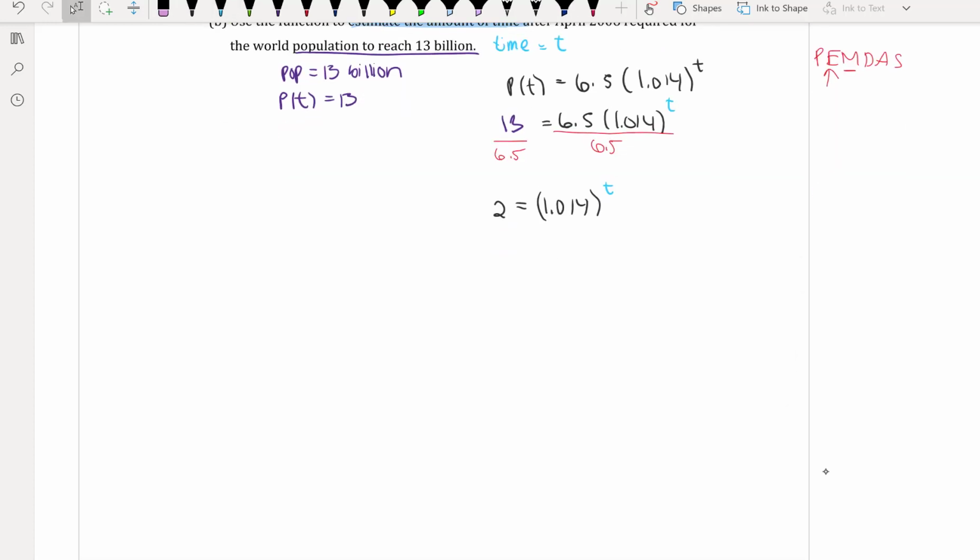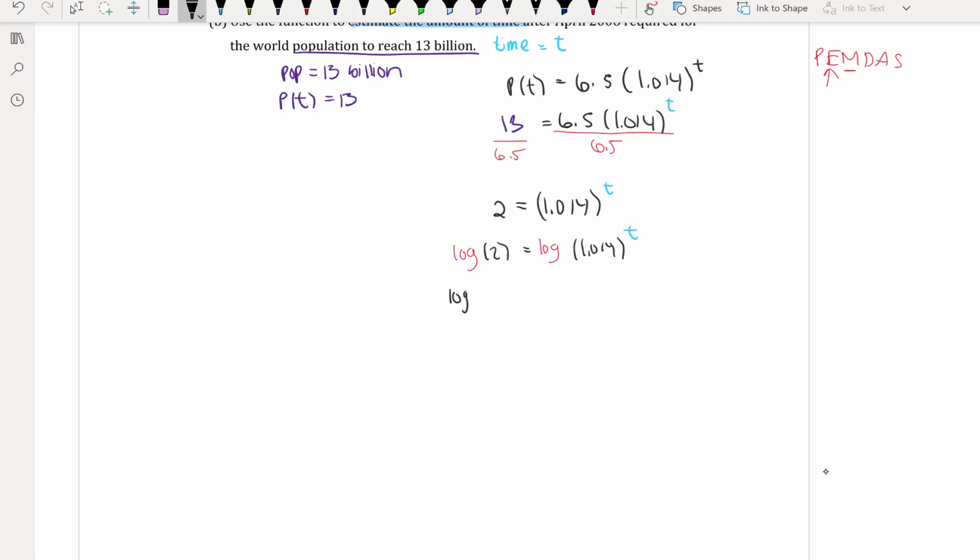So now that I'm here, I'm going to write log on both sides. So log of 2 is equal to log of 1.014 to the t power. And now I'm going to use my power rule to bring that t out in front.